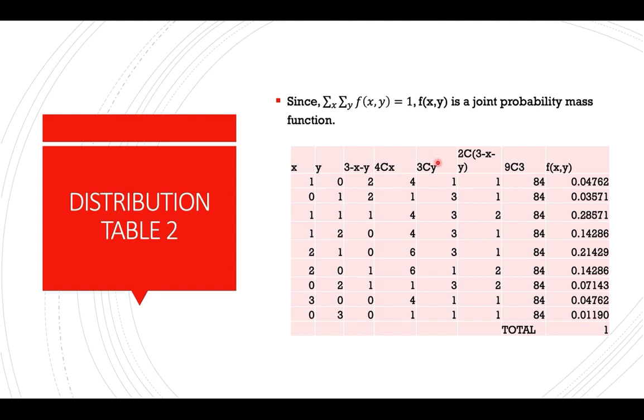Ito naman, possible ways to select the oranges. And then possible ways to select the bananas. This is the sample space. So multiplying these 3 columns, divide by 9 combination taken 3, it will give you the probability that x is equal to 1, y is equal to 0, and so on. So this is done in Excel.